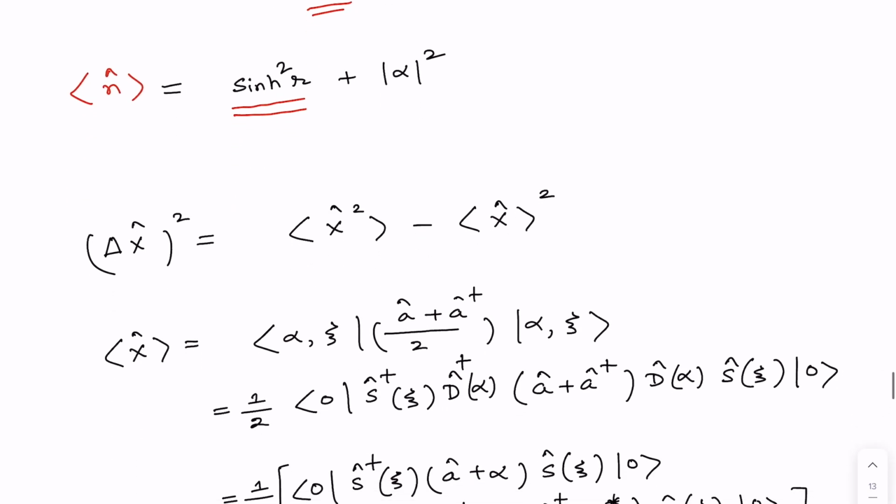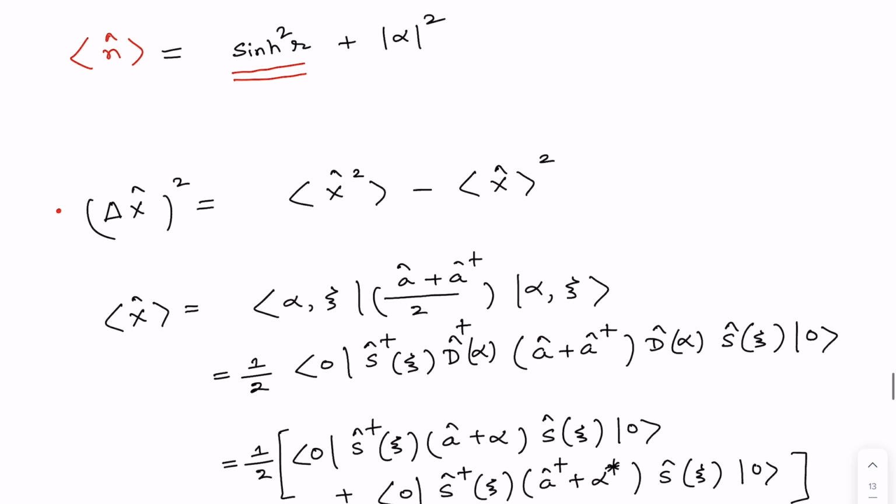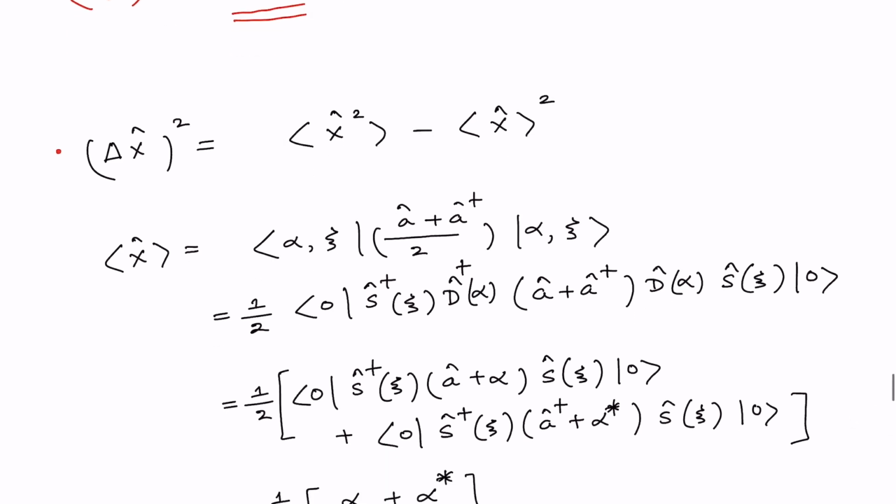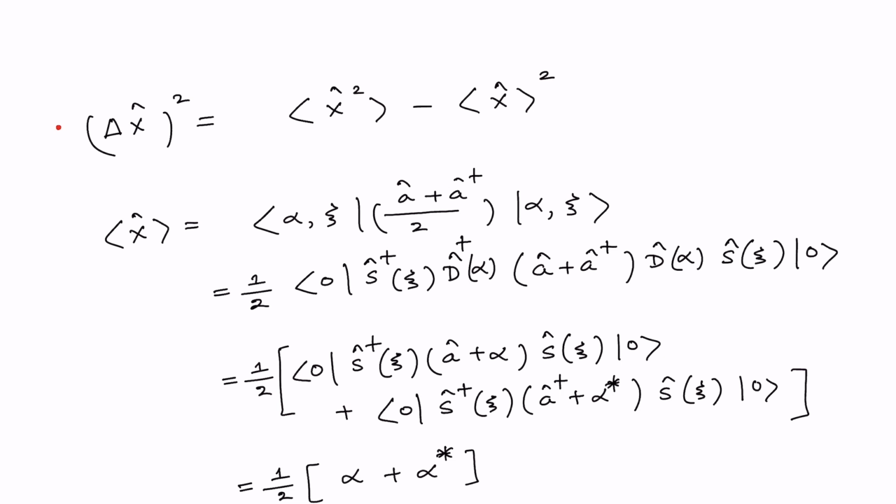Similarly, you can calculate the variance in the x operator as well. For the variance in the x operator, you first have to calculate the expectation value of the x quadrature operator in this coherent squeezed vacuum state, and you can write this whole term in this form.